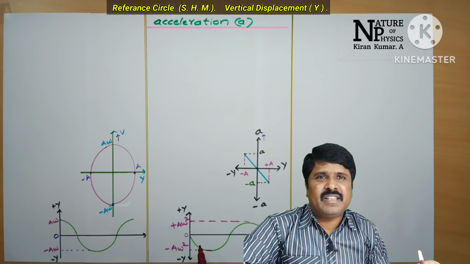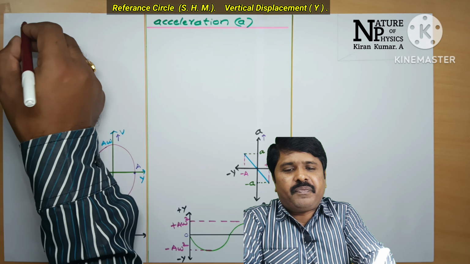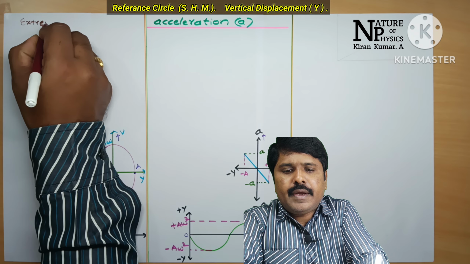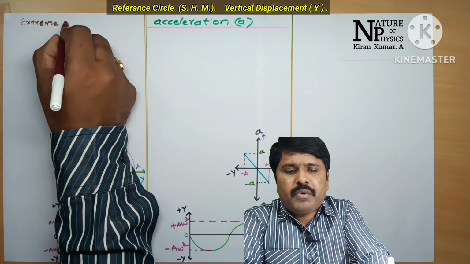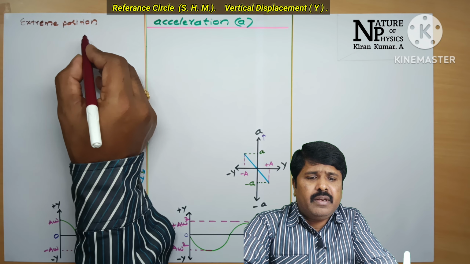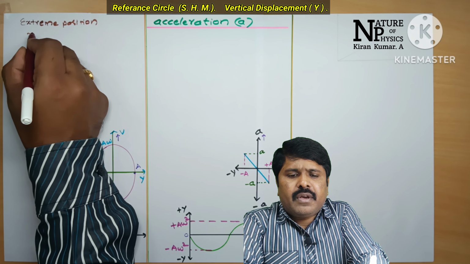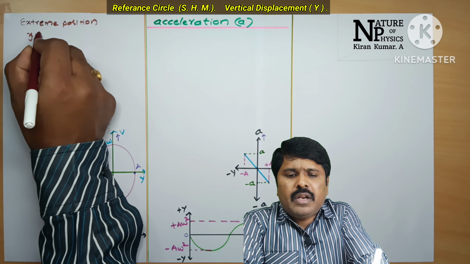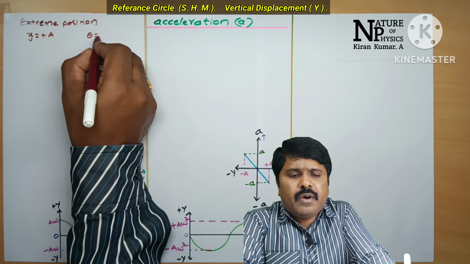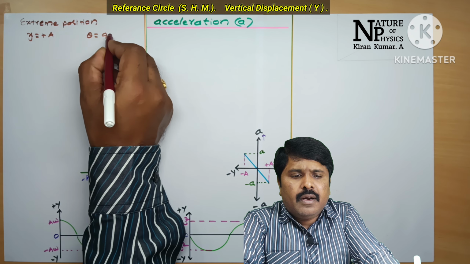Next I am going to discuss the extreme position. For the extreme position, writing y is equal to plus a, and theta is equal to 90 degrees.